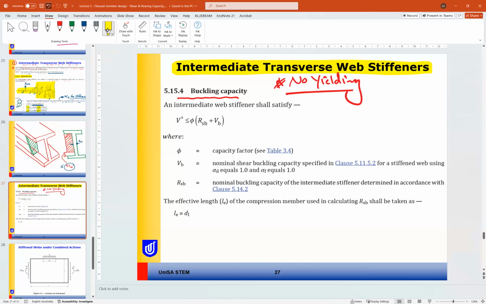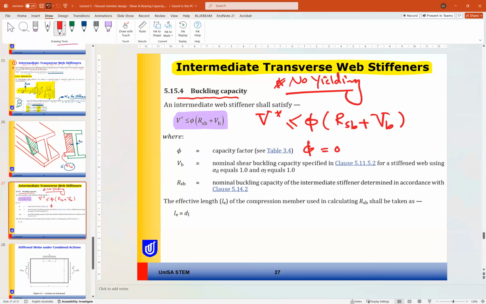So for the intermediate stiffener, V* should be less than or equal to φ multiplied by R_sb plus V_b. Phi, as before, is 0.9. V_b is the nominal shear buckling capacity specified earlier for a stiffened web using α_d equal to 1 and α_f equal to 1.